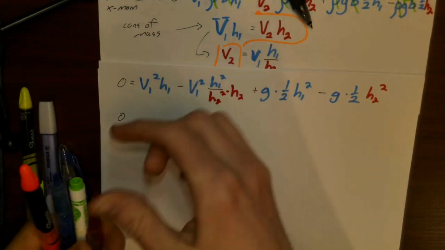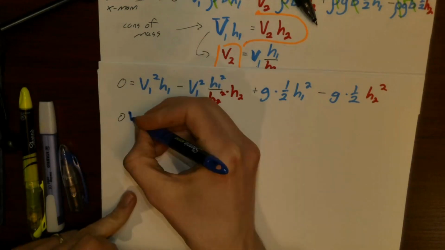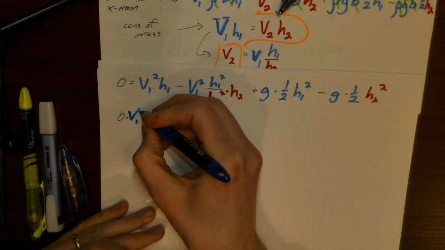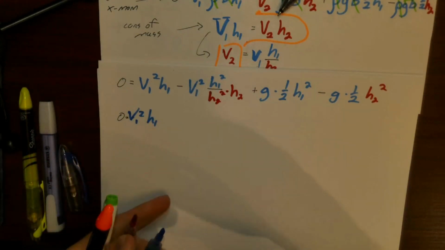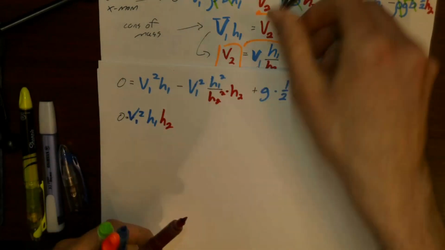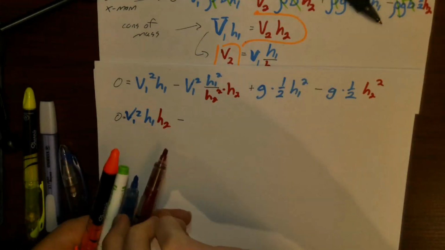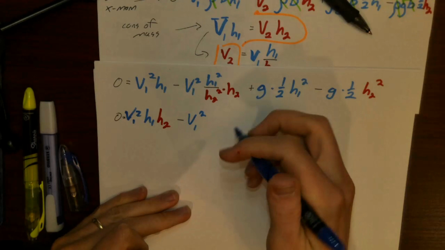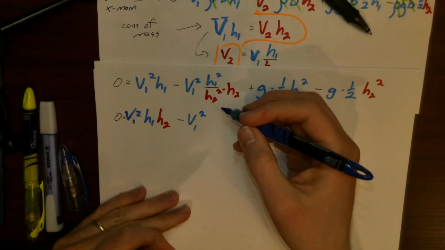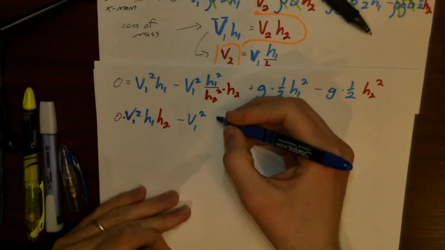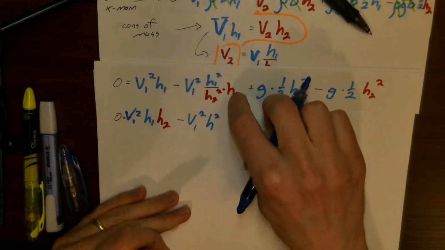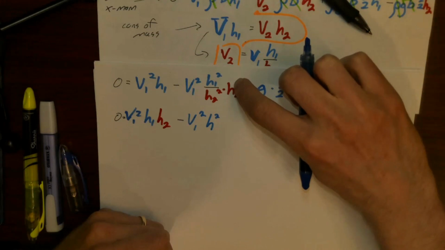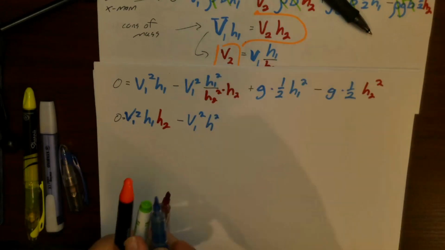So we end up with 0 equals V1 squared H1 H2 minus V1 squared H1 squared, right? Because we'd have an H2 in the denominator here. If we multiplied this term by H2, we'd then have an H2 squared, and that would cancel out.